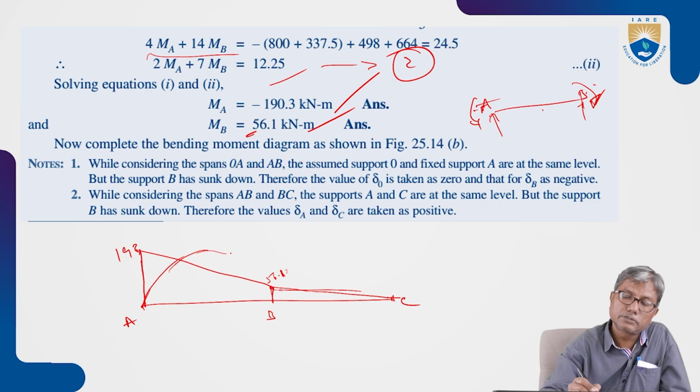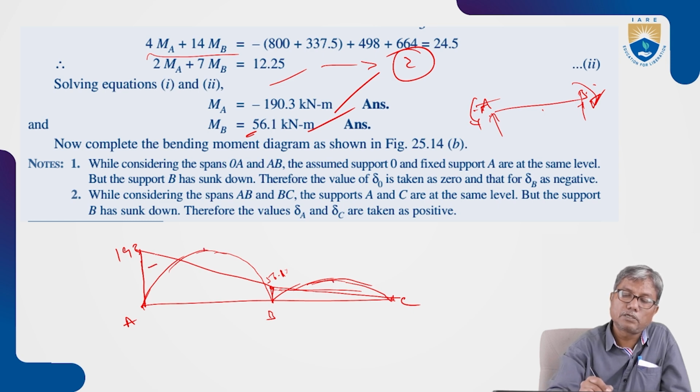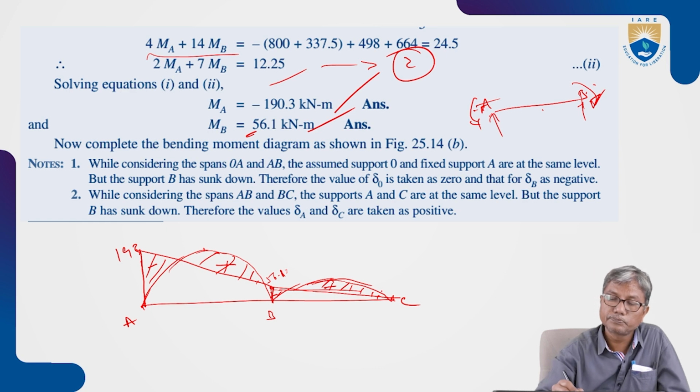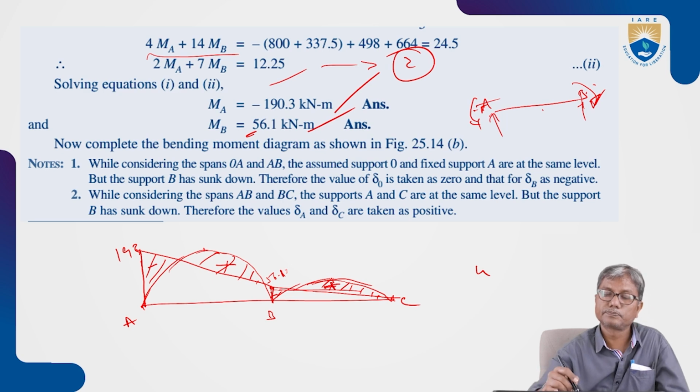Superimpose on this the free bending moment diagrams due to UDL. Okay, so the net bending moment diagram will be this. Net bending moment diagram will be this. This is positive.